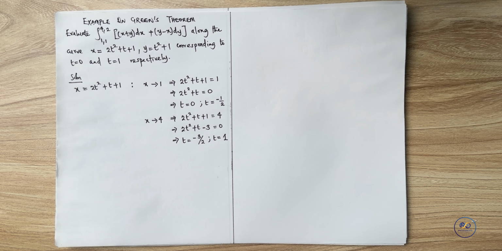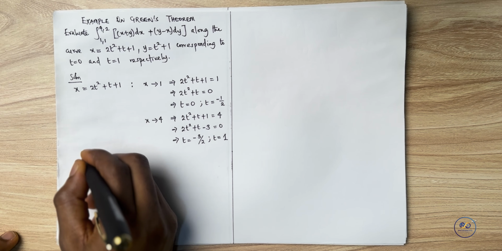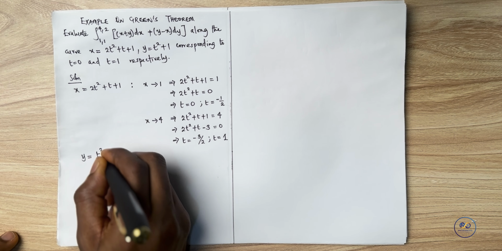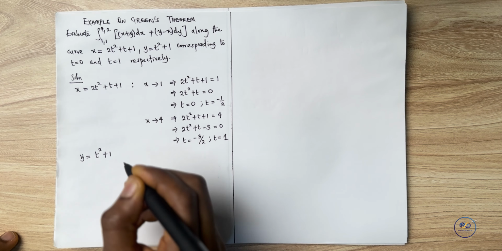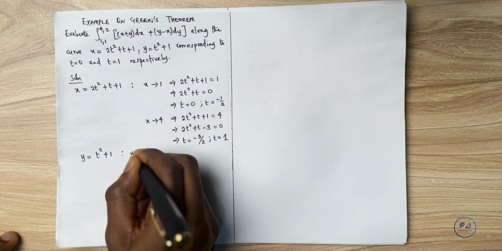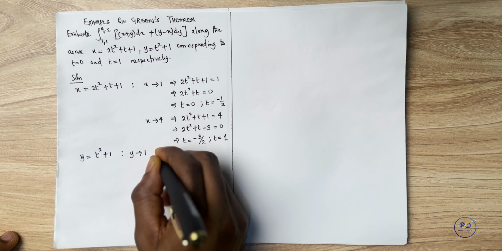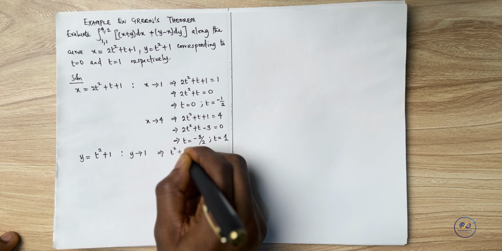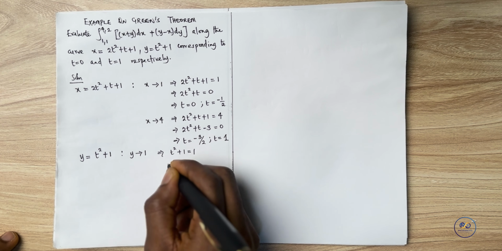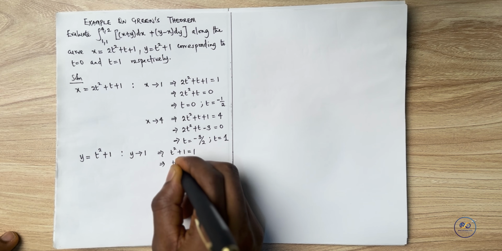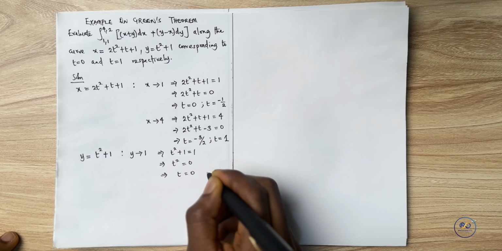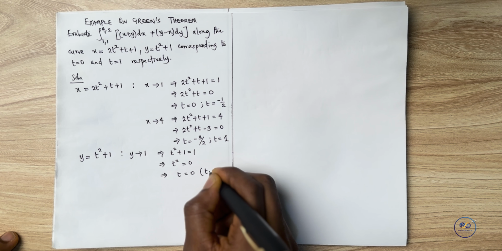Now, let's continue this. We have this for the x perspective. On the y side, we have y equal to t squared plus 1. Now, in this case, where we said y to be equal to 1, we have that t squared plus 1 equals 1, which would mean immediately that t squared will be equal to 0, which would mean that t will be equal to 0 twice, right?